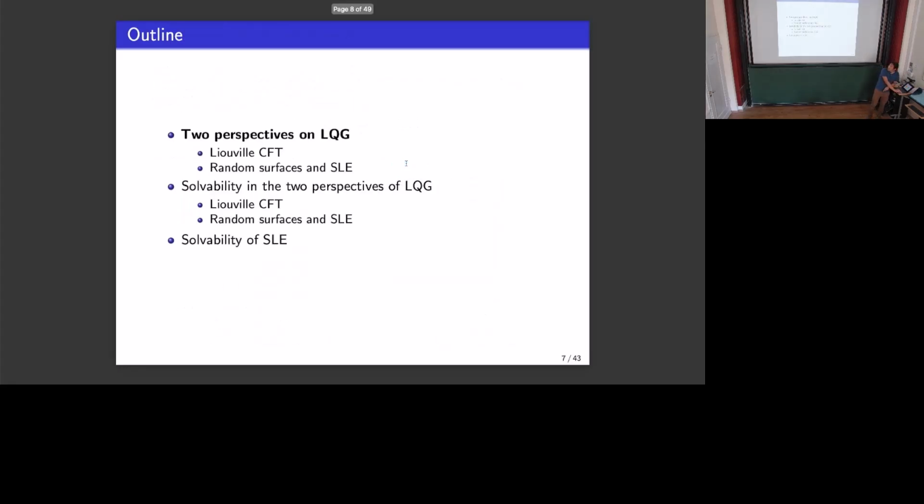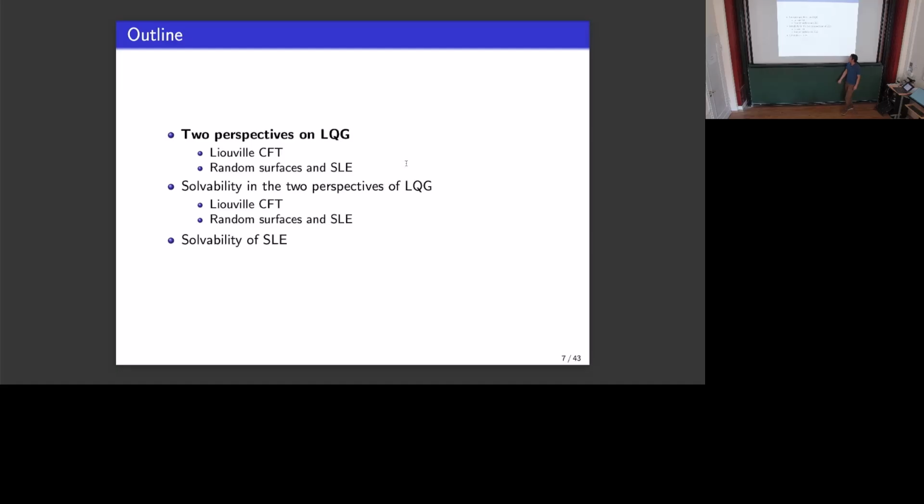Okay, so first we're going to discuss these two perspectives on LQG. This will be part review and part new relative to Tuesday's lecture. Then we'll talk about the different kinds of solvability or exact formulas that you can get in each of these two perspectives. On the one hand, the CFT perspective brings with it this rich algebraic structure, and using BPZ equations and other tools, you're able to compute all of your correlation functions.